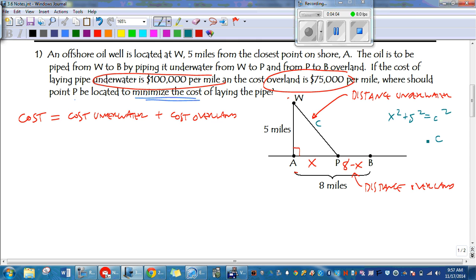So C, taking the square root of both sides, is the square root of X squared plus 25. That's our distance underwater. Now we've got everything in terms of X. We need our equation to be in terms of one variable only.